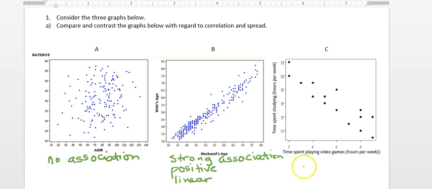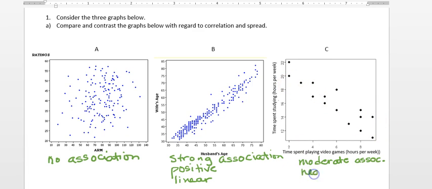This last graph we would say has a moderate association. Unlike the first graph, which had points that were all over the place, although these points aren't as tight together in a line, they are somewhat together and they are all going in the same direction.